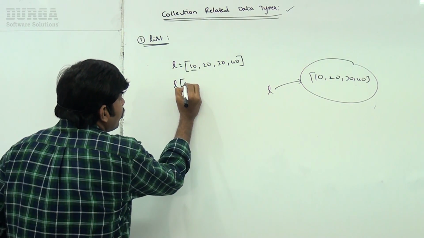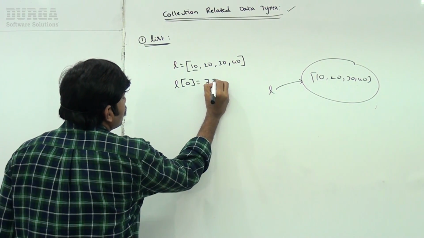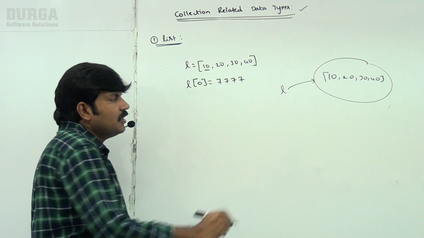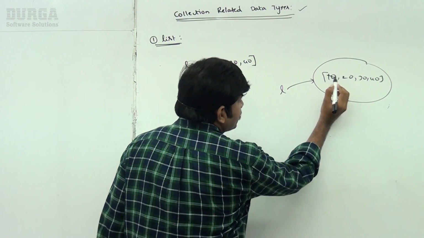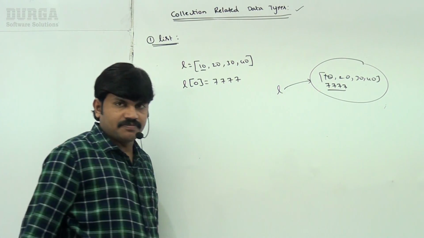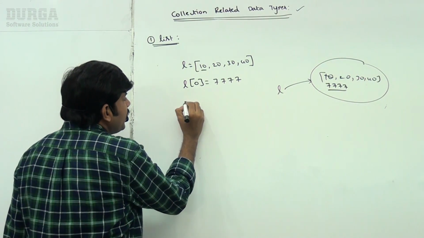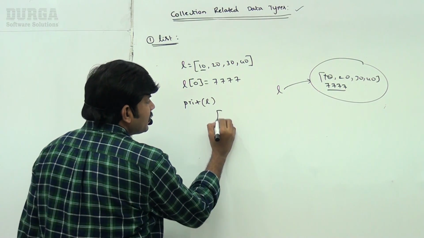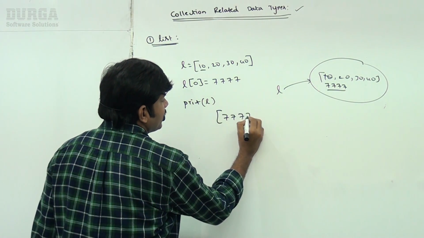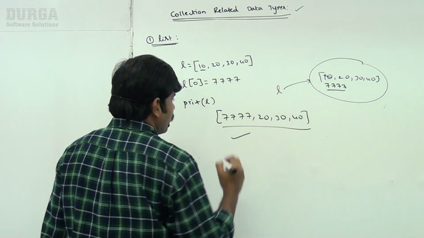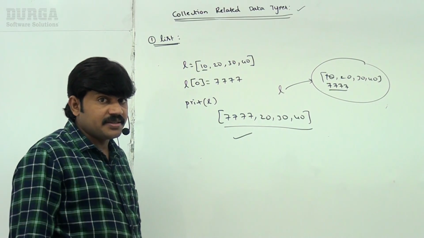L of 0 is equal to 7777. Now in this existing list, this 10 will be replaced with 7777. Now print of L. What is the answer we are going to get? 7777, 20, 30, 40 is the answer we are going to get. Clear indication.